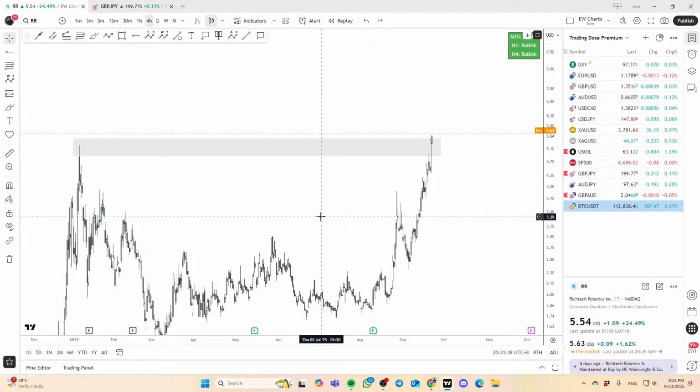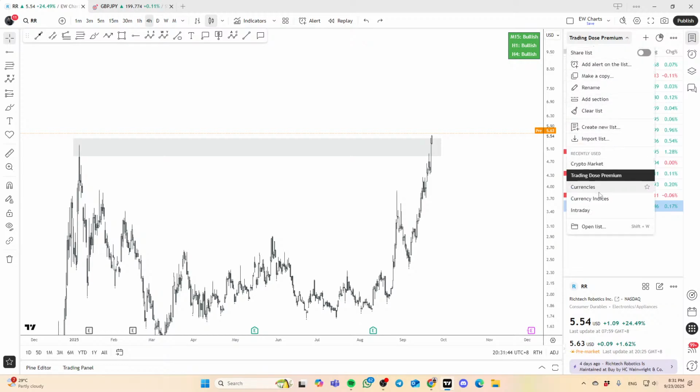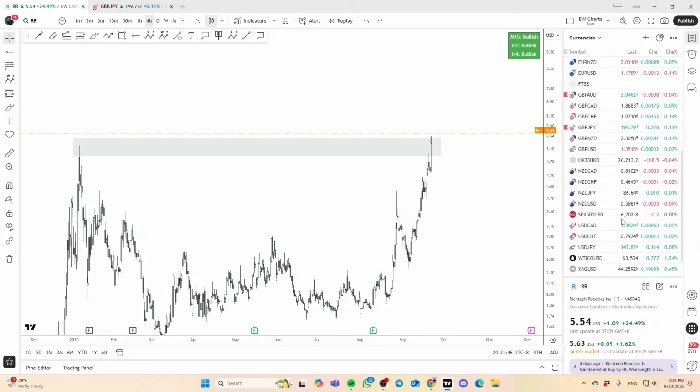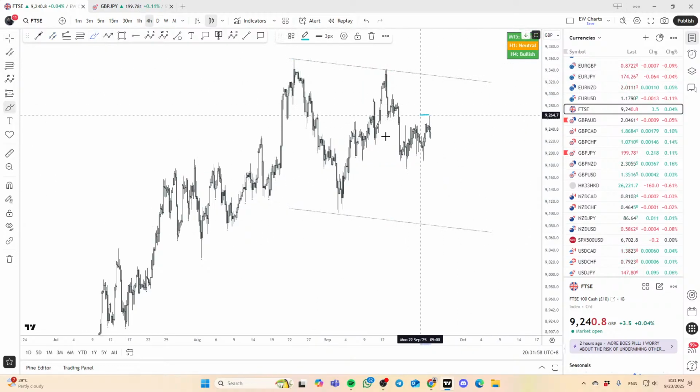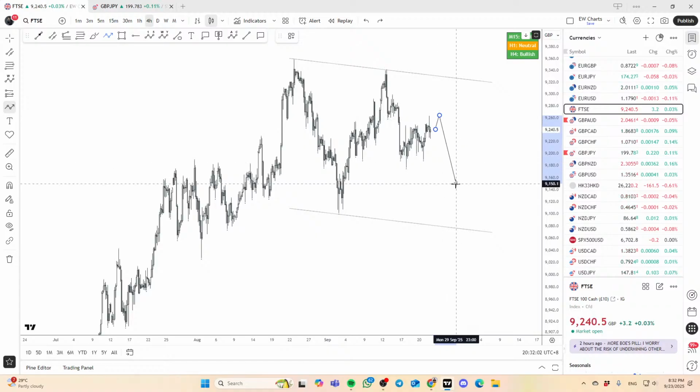Okay, Noel asks, can we say that UK 100, which is the FTSE, is in a corrective phase now? Let's see. Yes, okay, I would put this as a very, very simple projection, especially with this corrective move here. It opens up the possibility where we can see a little bit more downside, right?